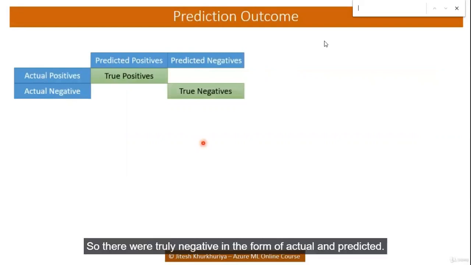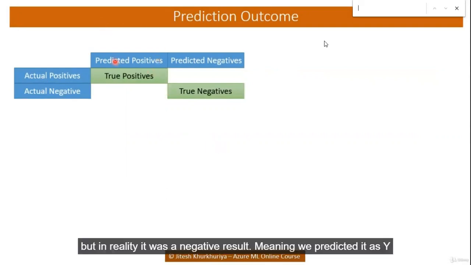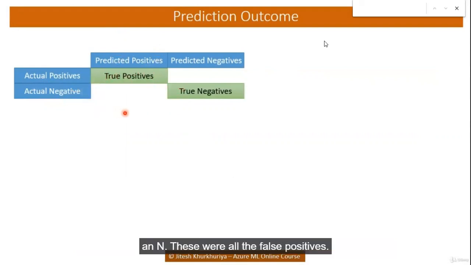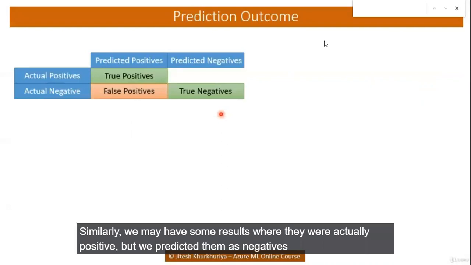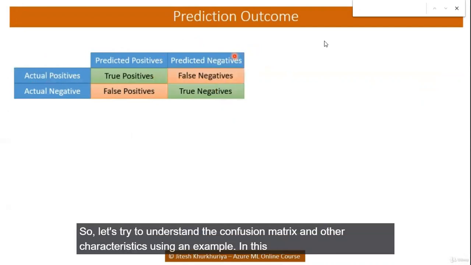So they were truly negative in the form of actual and predicted. And results where we predicted it as positive, but in reality it was a negative result, meaning we predicted it as y, but it was actually an n, these were all the false positives. Similarly, we may have some results where they were actually positive, but we predicted them as negatives, and these are false negatives. So let's try to understand this confusion matrix and other characteristics using an example.